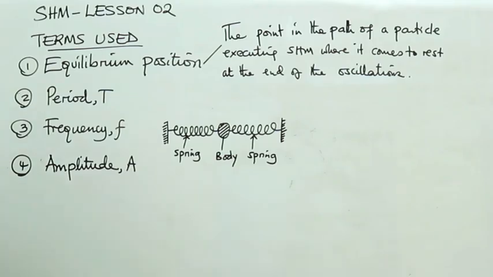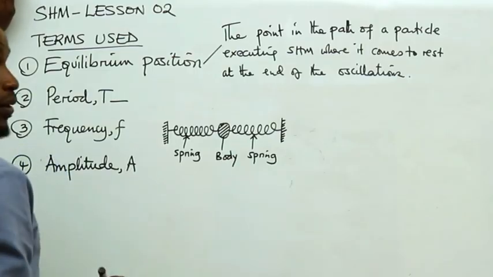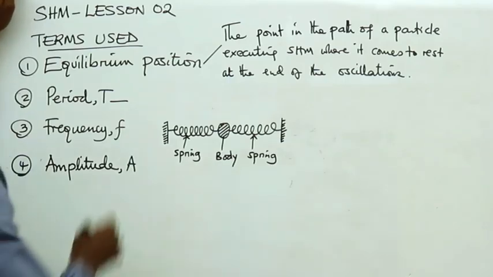Then the period, of course, this is easy. You remember from O-level waves. Period: the time taken for the particle to make one complete oscillation.